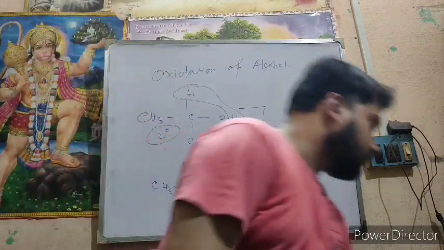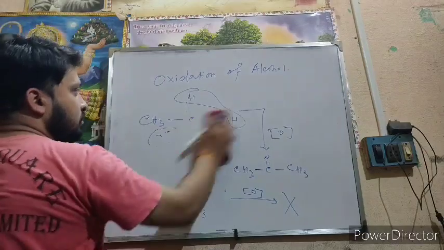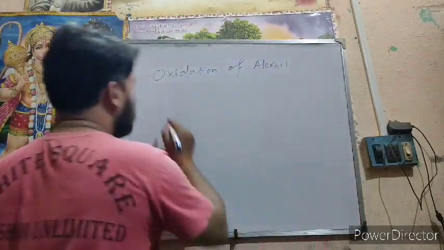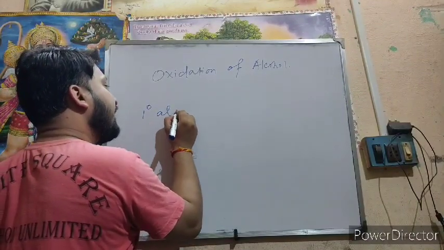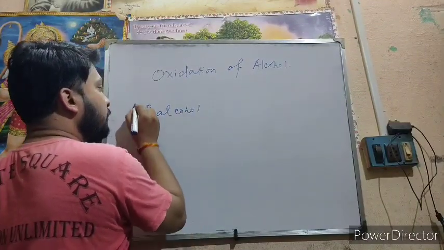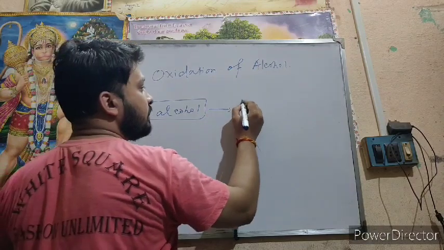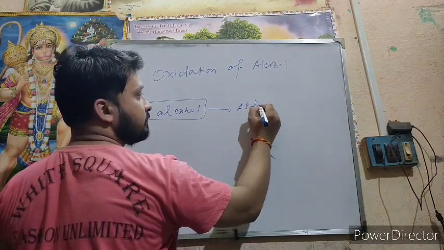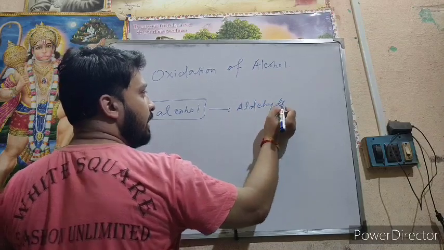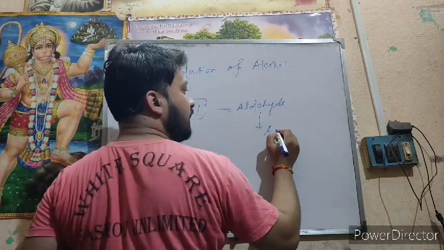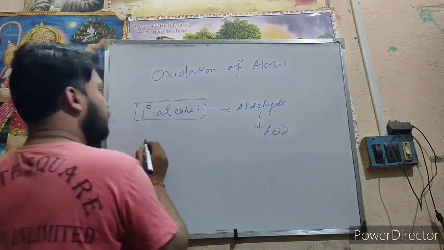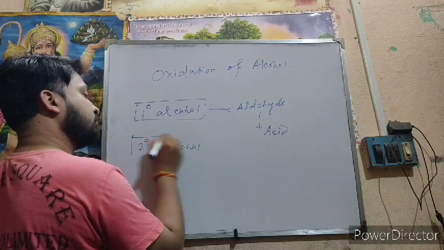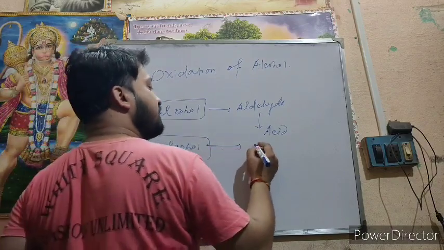Very important line: if we use 1 degree alcohol, after oxidizing it gives us aldehyde, and after further oxidizing it gives acid. But if it is 2 degree alcohol, it gives us ketone.